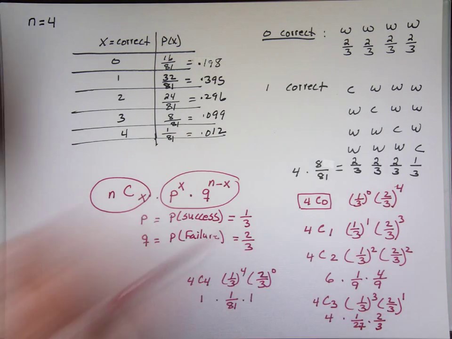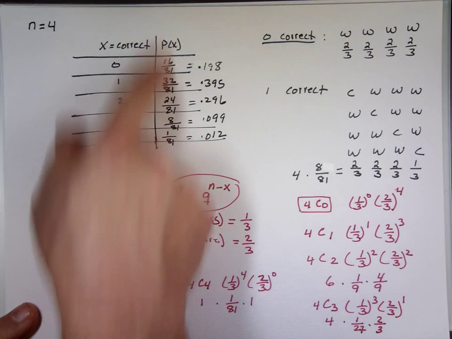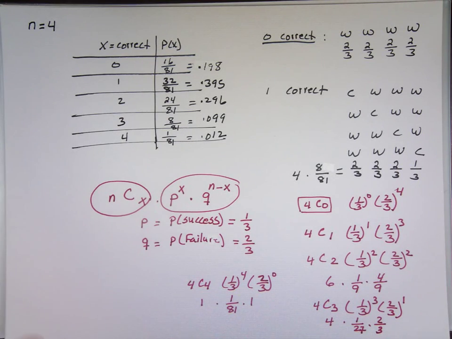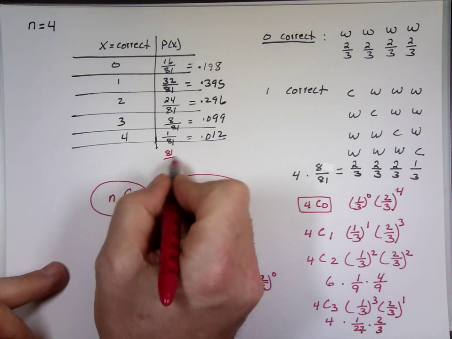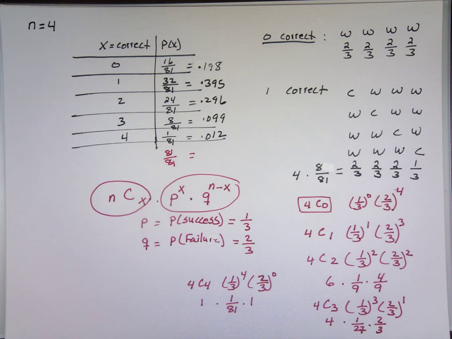Now when I add these numbers, the answer should be close to a 1 there. Might not be exactly 1 because I rounded, but if I add these fractions, the answer is 1. That's 81 over 81. But when you round them, you're a little bit off there. 0.198 plus 0.395 plus 0.296 plus 0.099 plus 0.012.